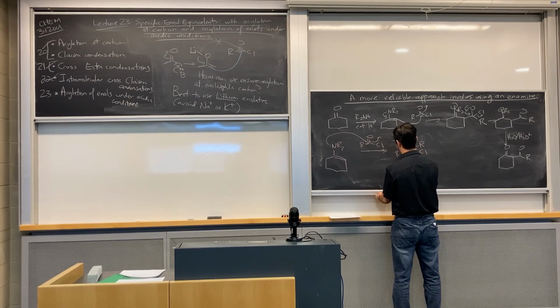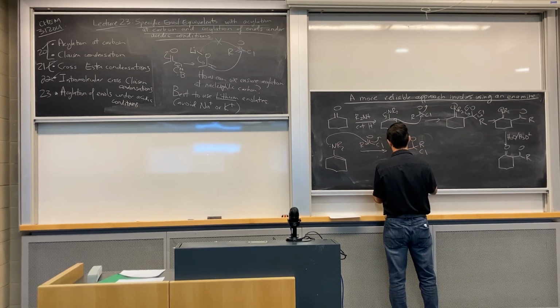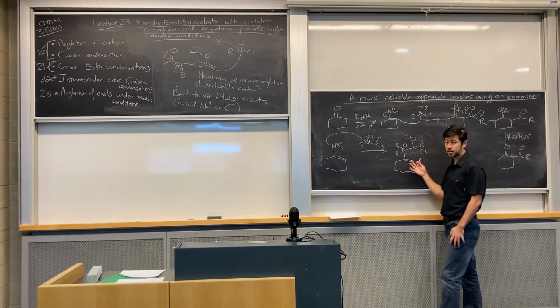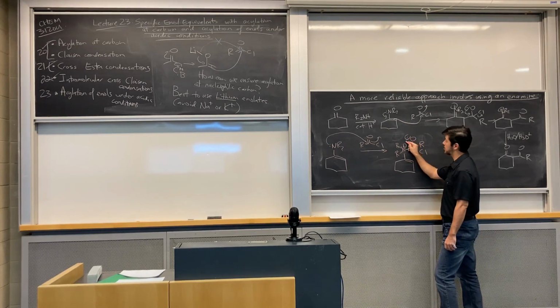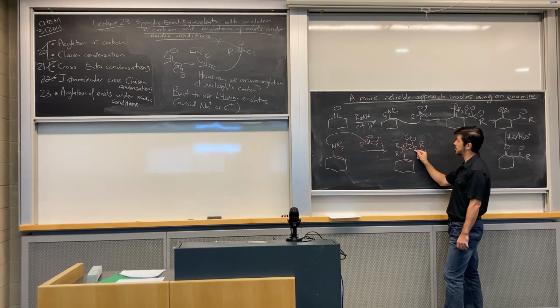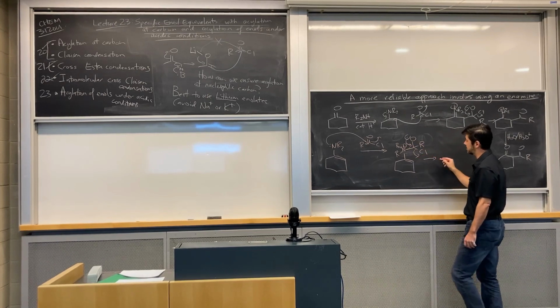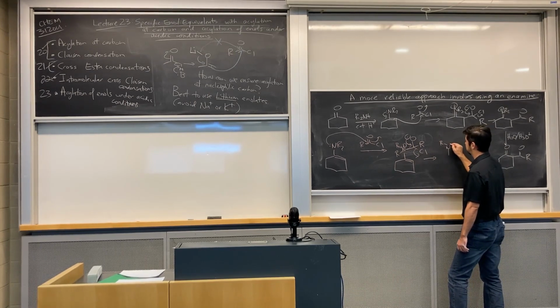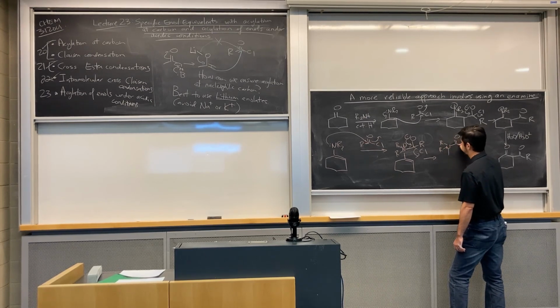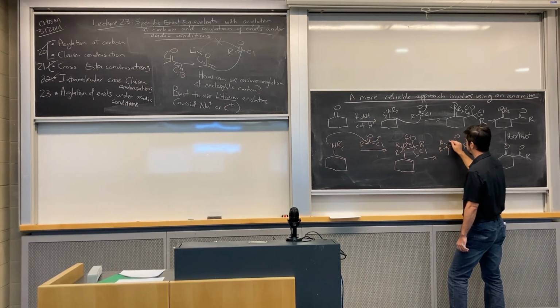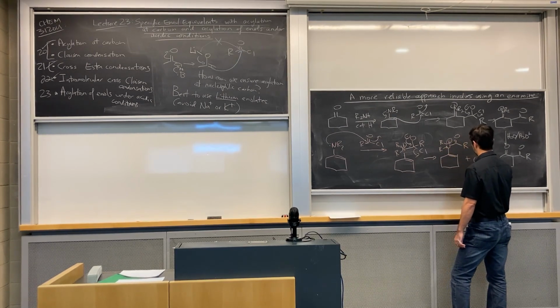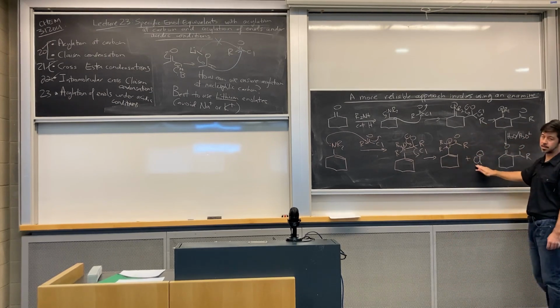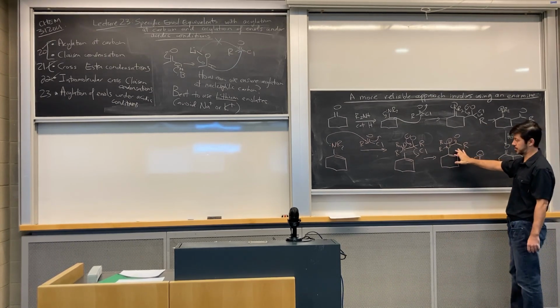Your nitrogen is now positively charged. Okay, and it's going to look something like this, tetrahedral intermediate. Then your oxygen will come down, form the pi bond, displace off the chloride, and what you're going to have is chloride anion like this, and you generate this compound here.